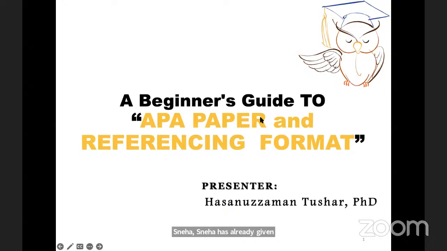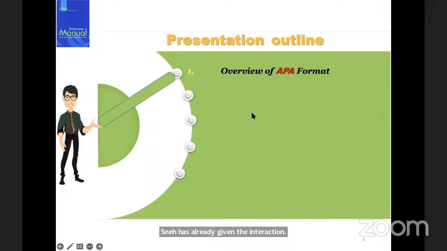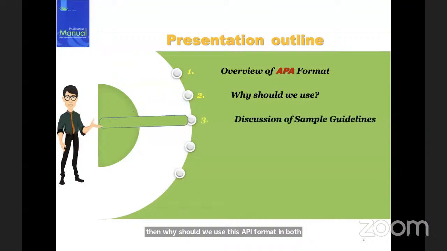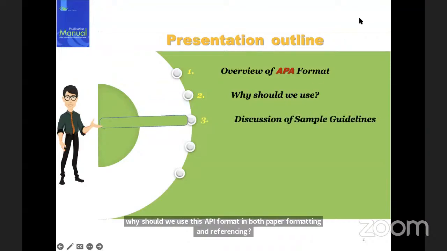So basically, I'd like to speak for the next 1 hour, 1.5 hours. I'll start with the overview of APA format. Then why we should use this APA format in both paper formatting and referencing, and discussion of the sample guideline.